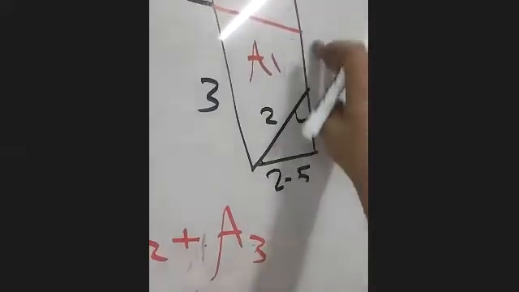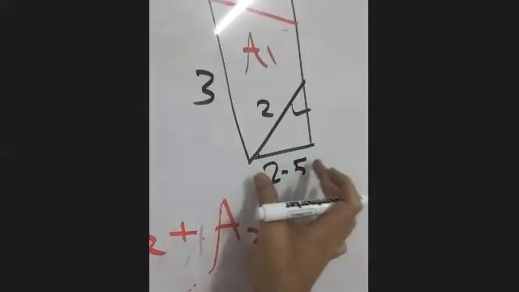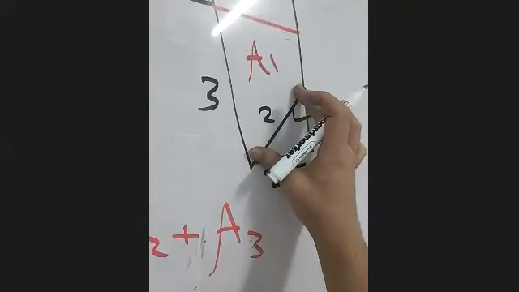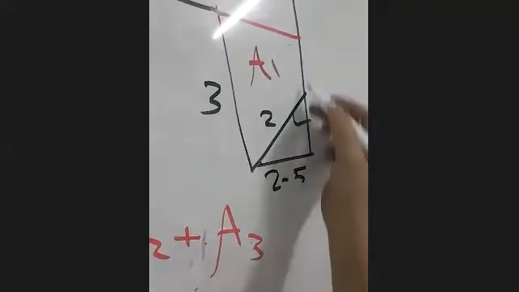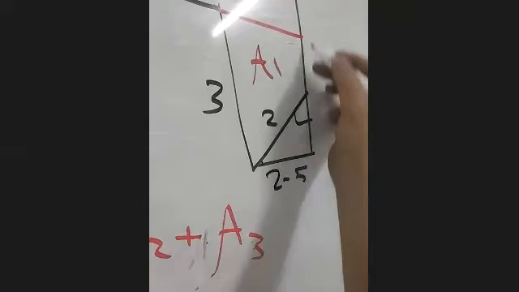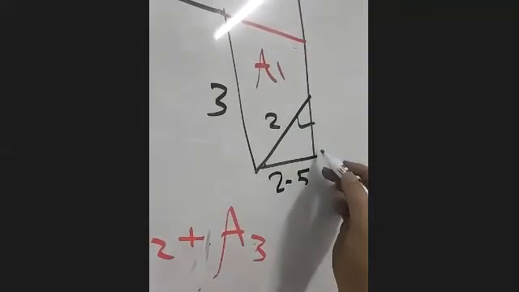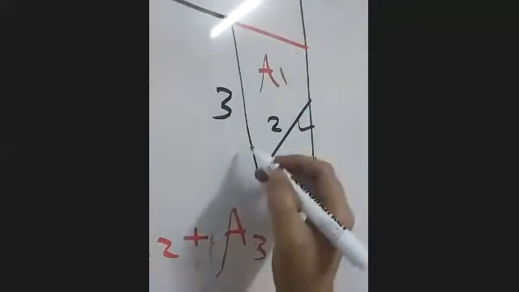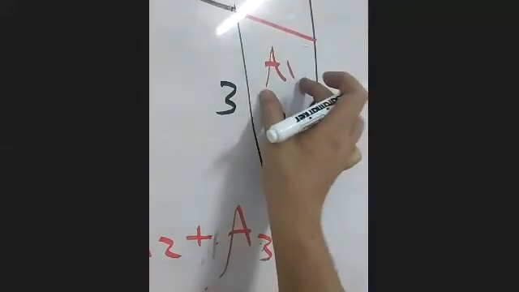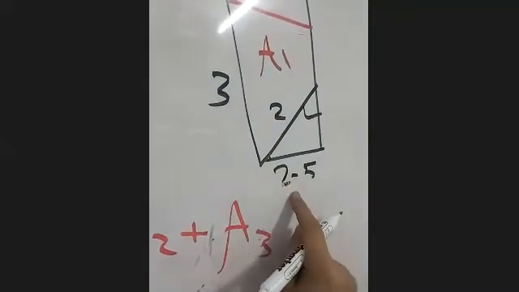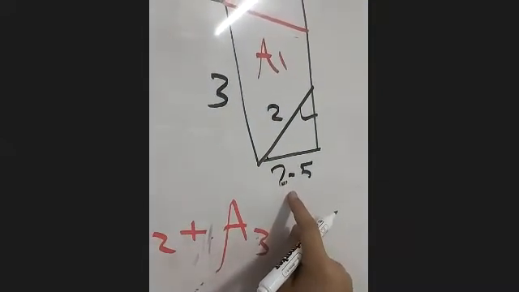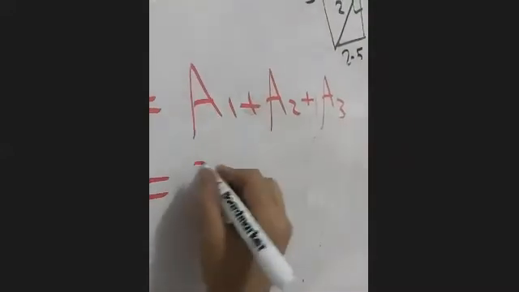Got it? Yes. This side here is slanted. This is the height, right? This height intersects with the base. Okay, this is the base. How much is the base here? 3, the same as this. So the area of A1 is 3 multiplied by 2, not 2.5. Okay? So it's 3 multiplied by 2.